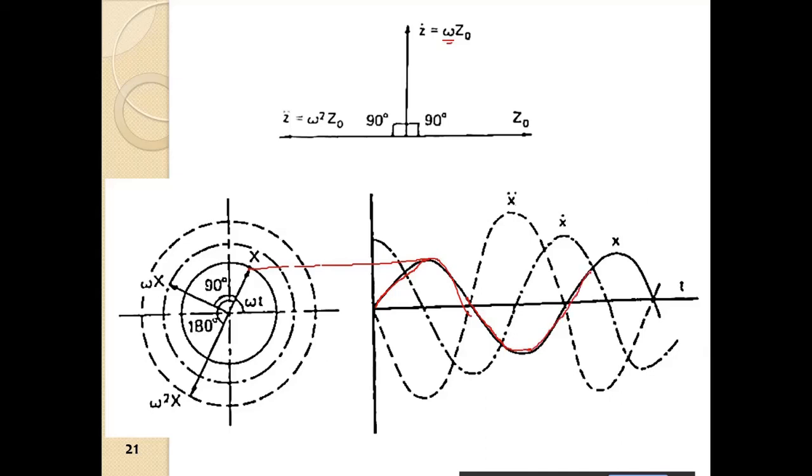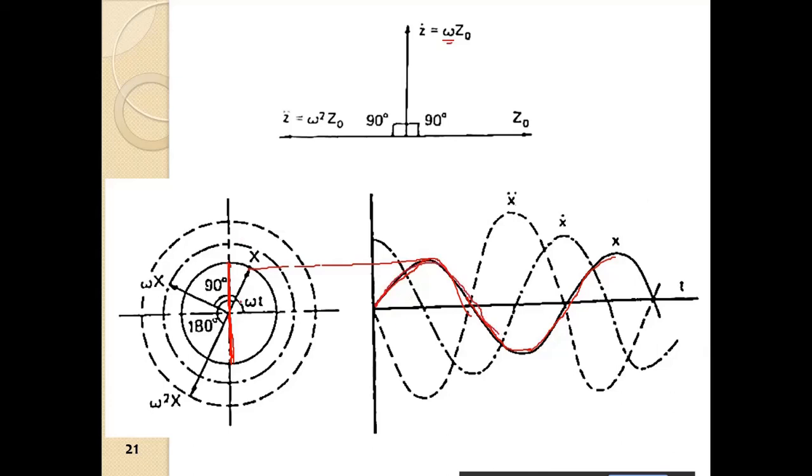Displacement will increase and decrease, go to zero and increase. So in this position here, displacement will move on, and if we plot it with time, we will get this curve.